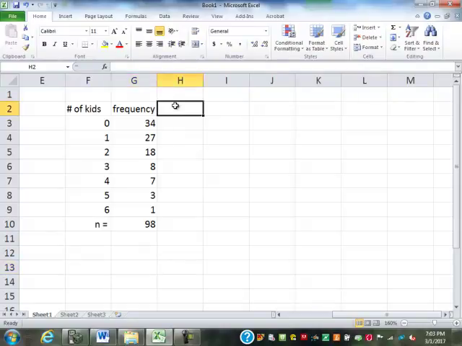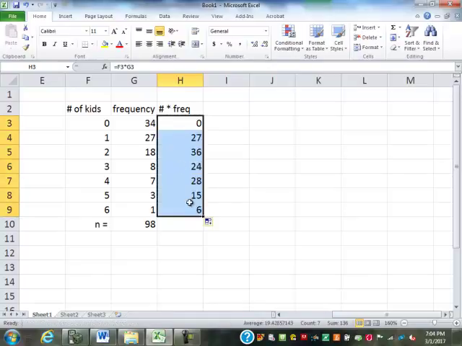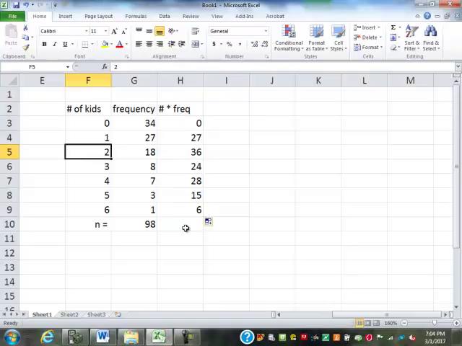If I'm looking to find the mean, remember the first step is to take the number times the frequency. 0 times 34, of course, is 0. 1 times 27 better be 27. 2 times 18 is 36. Right on down. I find the total of that.